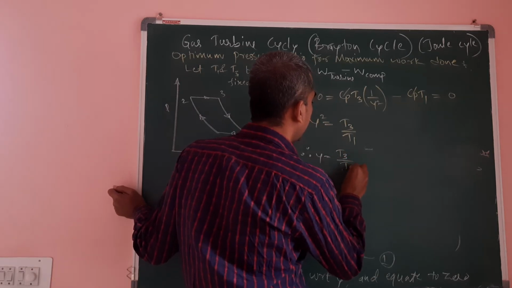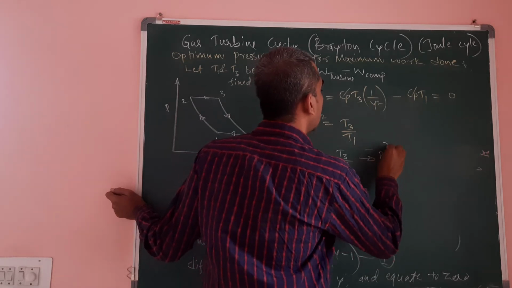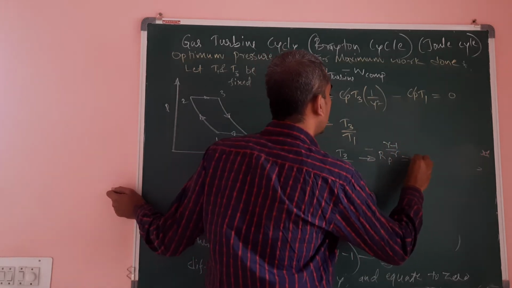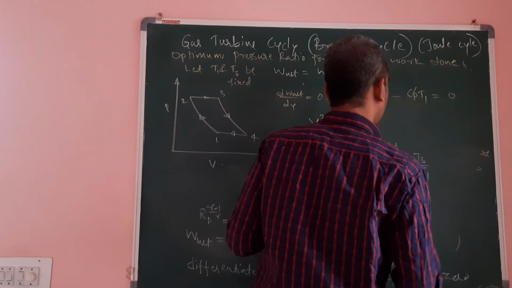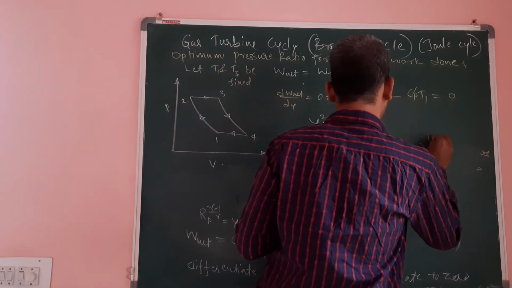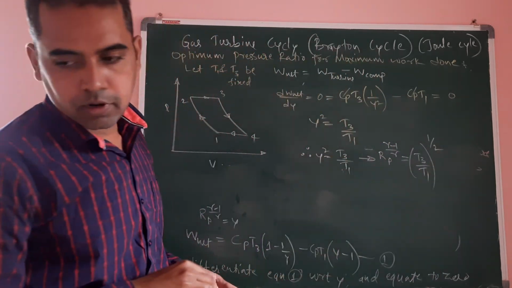What is Y? Y is nothing but Rp raised to gamma minus 1 by gamma. It is equal to T3 by T1 raised to 1 by 2. Okay, Y square is equal to T3 by T1. Therefore, what can I write?